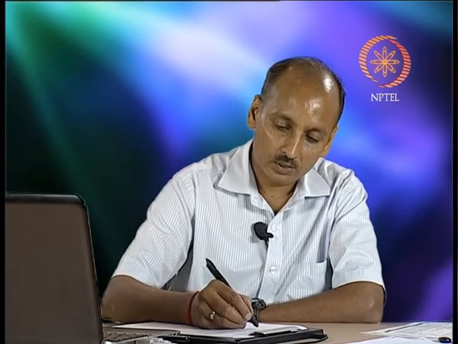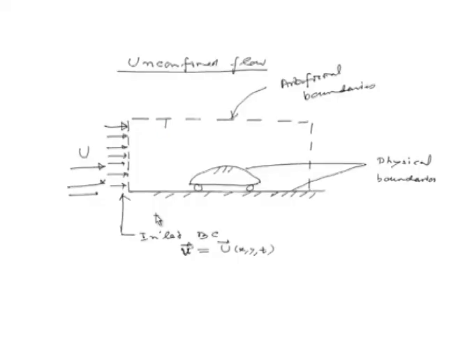What happens at this top artificial surface? We would say that the flow or temperature does not vary across this surface, so we can impose what we call a symmetry condition here at the top, that is for any flow variable del phi by del n is equal to 0. There is no variation of a given quantity, phi could be any velocity component or it could be temperature, it does not vary along the normal direction.